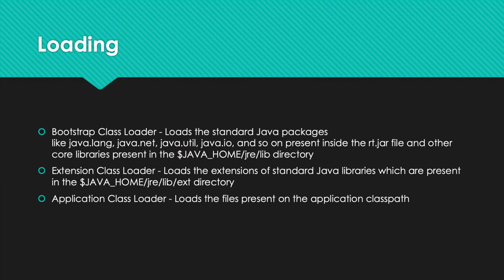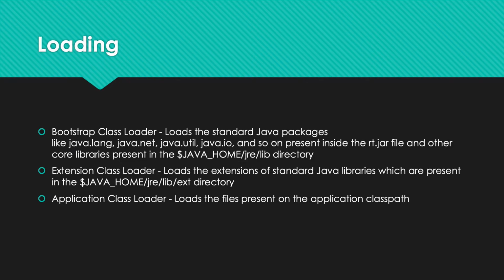So we'll go into each one now. First we'll go into loading. So loading again has three subcomponents. You have the bootstrap class loader, extension class loader, and the application class loader. The bootstrap class loader's main activity is to load all the standard Java packages.